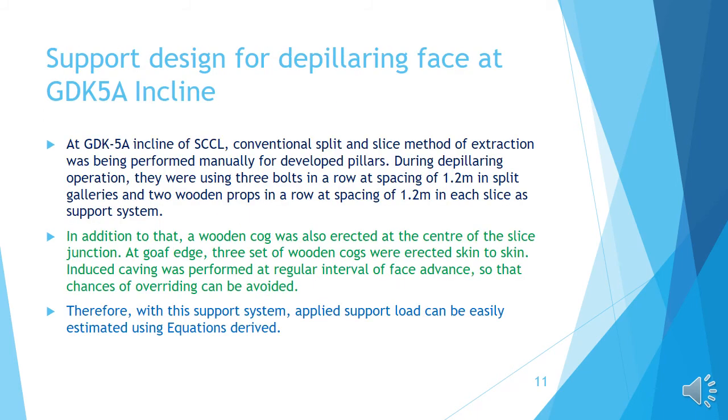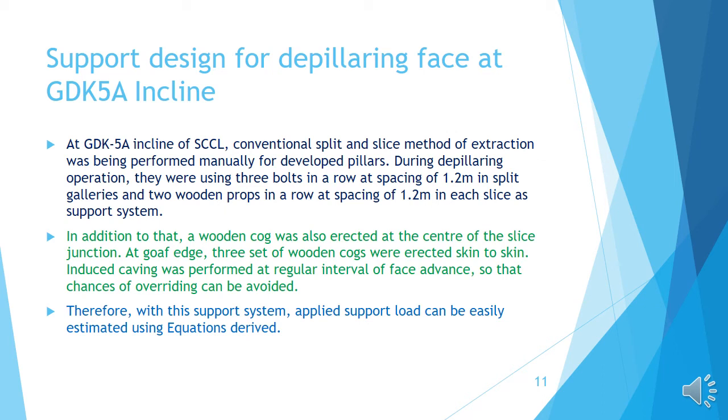Now we will look at the support design for the depillaring face at GDK 5A incline. In the GDK 5A incline, the conventional split and slice method of extraction was adopted. During depillaring, they were using 3 bolts in a row at a spacing of 1.2 meter in split galleries and 2 wooden props at a spacing of 1.2 meter in each slice.